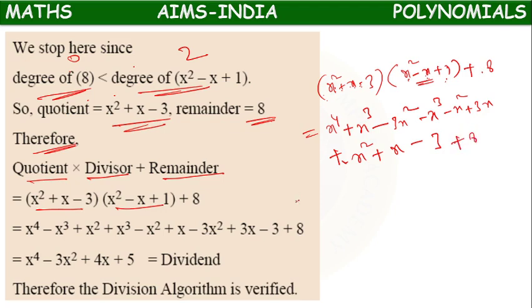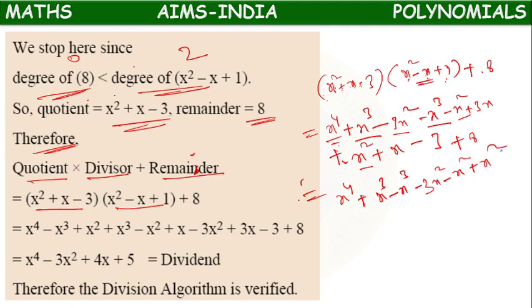Now, while simplifying, x power 4 terms, only 1 is there. We will write the x cube terms together: plus x cube minus x cube, completed. Next, x square terms, 3 are there: minus 3x square, minus x square, plus x square.